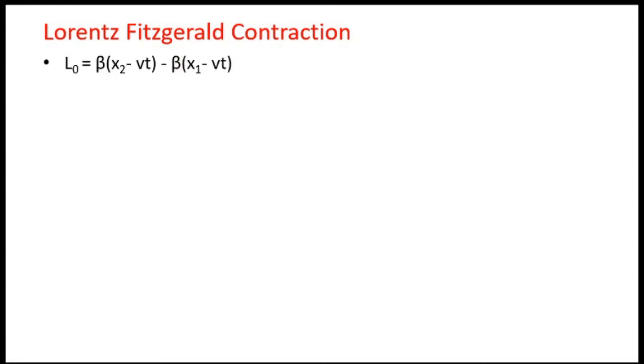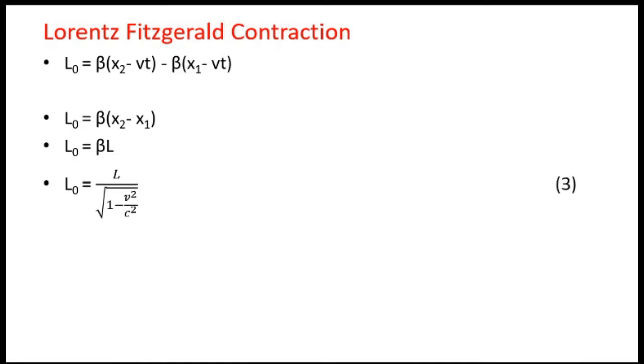If you solve this, the vt gets cancelled with the vt. We get L0 is equal to beta times x2 minus x1, or L0 is equal to beta times L. If you substitute the value of beta, we get L0 is equal to L divided by under root of 1 minus v square upon c square. This is our equation 3.